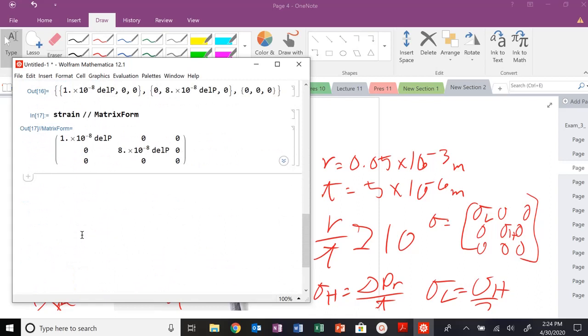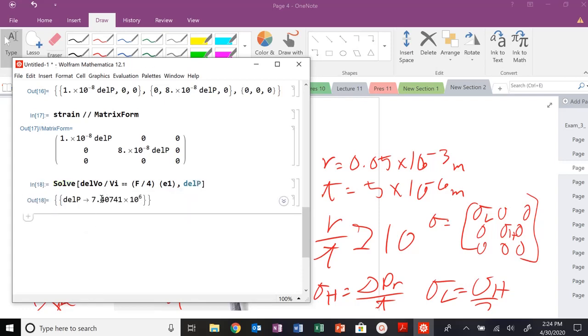We just need to figure out del P. So I'm going to solve for my fundamental equation, del V naught divided by VI, set equal to F divided by 4 times E1. Solve for del P, and there's my del P right there.